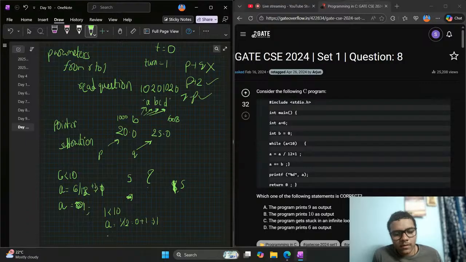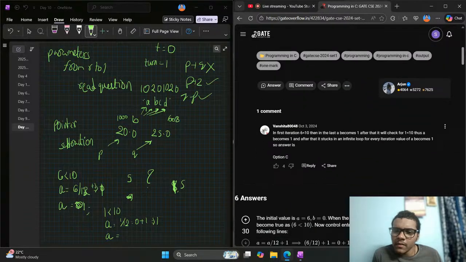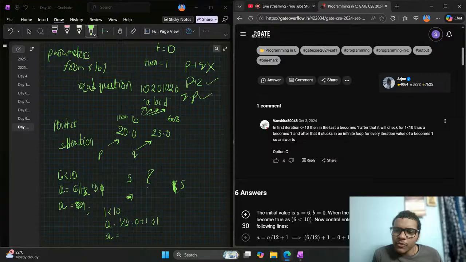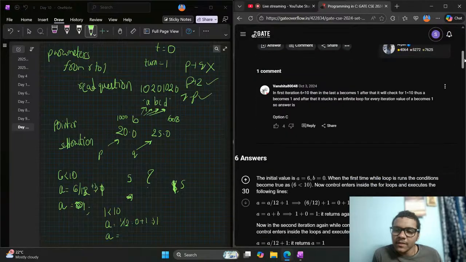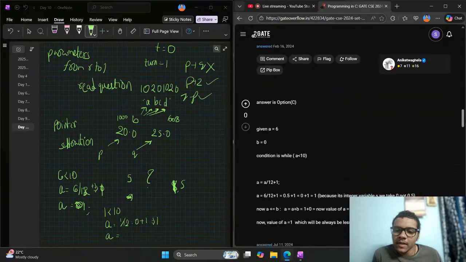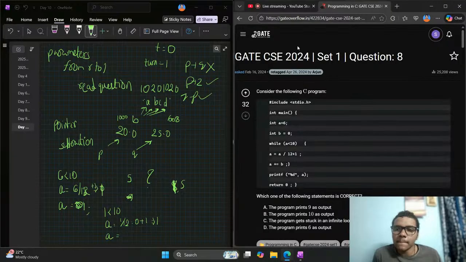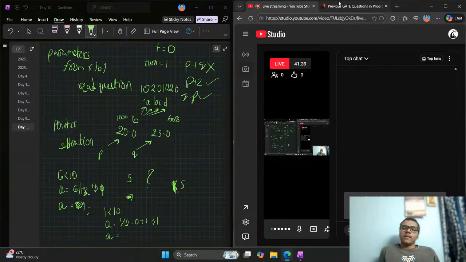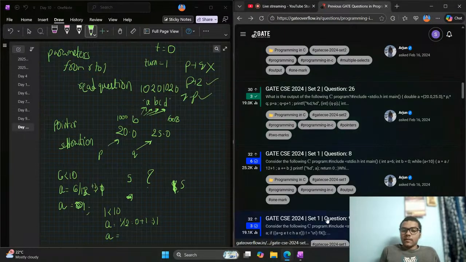Again 1. A plus 4 is equal to B. Get stuck in an infinite loop. Yo, nice. If there was plus or equal to, then that would have worked. Nice, that's a tricky one. I did it.